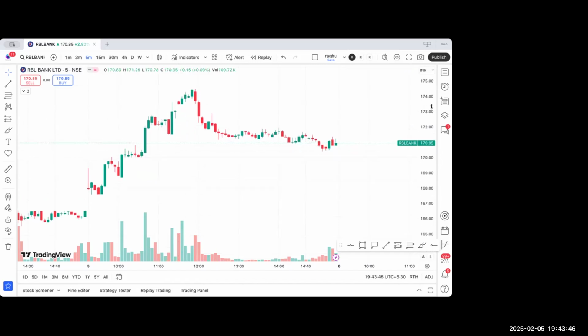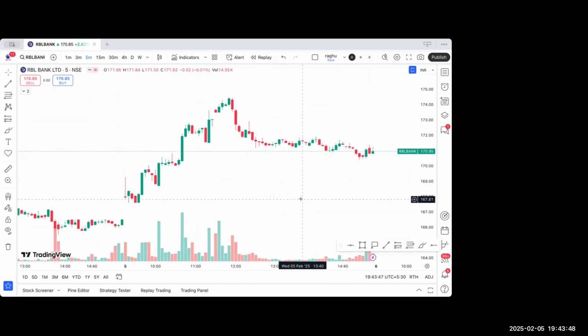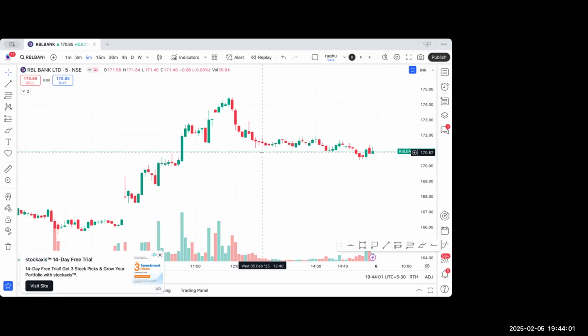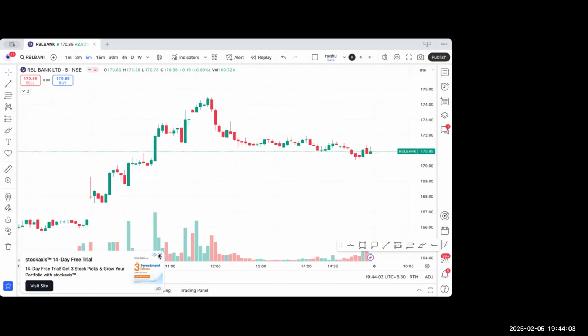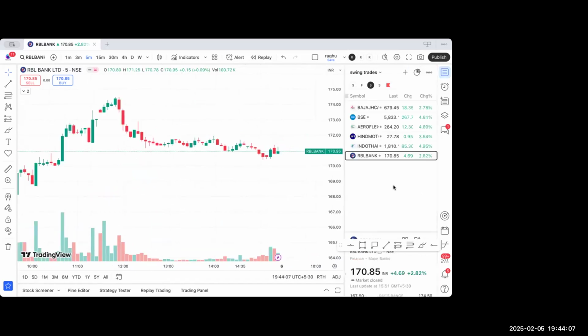And one more very important thing: stocks like RBL Bank, SBI, which are a bigger part of Nifty or Bank Nifty, we never trade such stocks because they have huge volumes and are less volatile. They will never give you good momentum. Have you seen in the last 6-7 months that we are trading Bank Nifty stocks like HDFC Bank, Axis Bank, ICICI Bank?